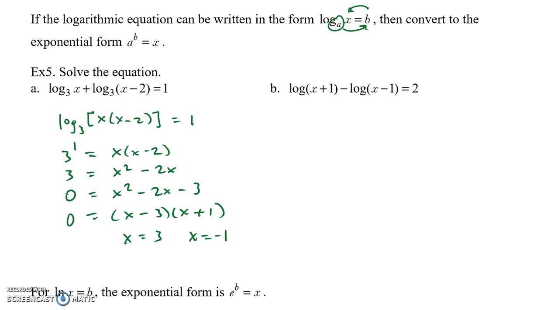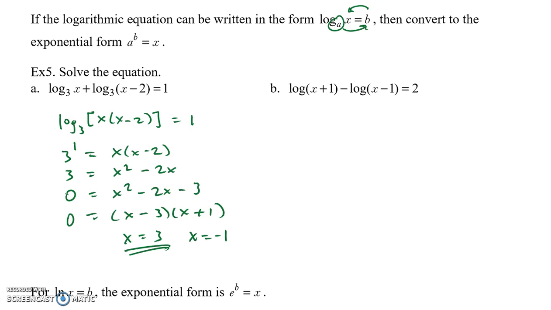Well, x equals 3 does not create any domain issues when we substitute it back into the original equation. So x equals 3 is definitely a solution of this equation. But x equals negative 1, whether you substitute it into the first logarithm or the second one, is going to end up giving you the logarithm of a negative number.